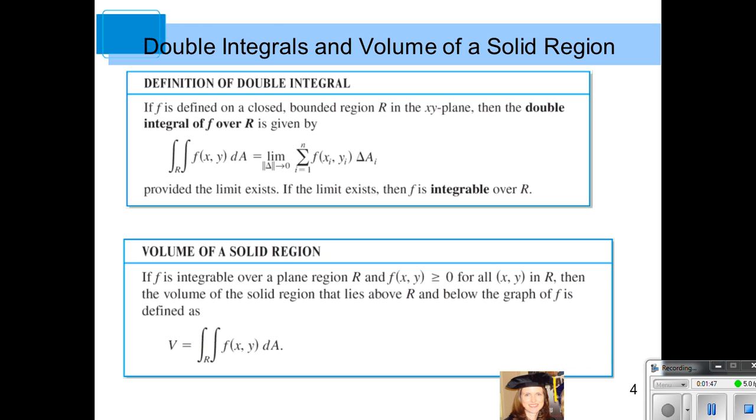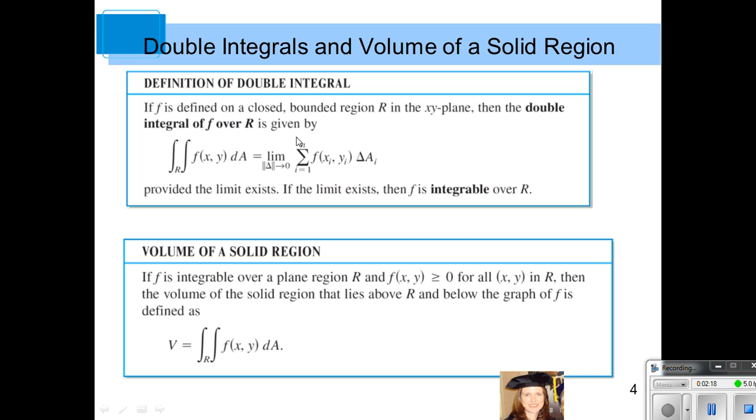This slide shows the definition of a double integral. If f is defined on a closed bounded region R in the xy plane, the double integral of f over R is given by this double integral, where R, this is a new notation here, is the base region of some function of x and y, differential area dA. dA is the differential area of the base, which we're going to start off with as dy times dx or dx times dy.